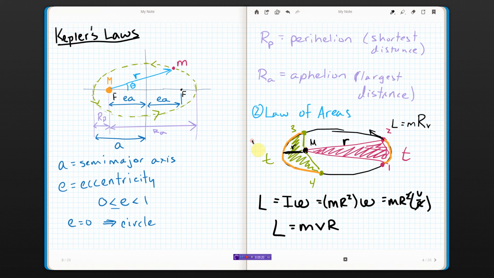So L has to be the same size. M has to be the same size, but R just got small. Tiny r, which means V has to get a lot bigger. So when you're far away from the sun, your velocity is small. When you're close to the sun, the velocity is big. And those tend to even out.